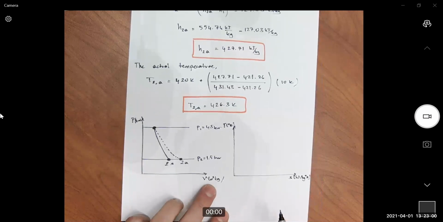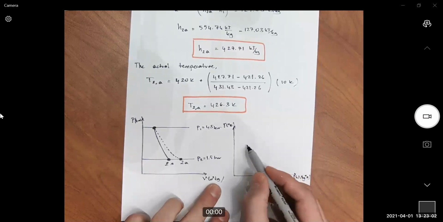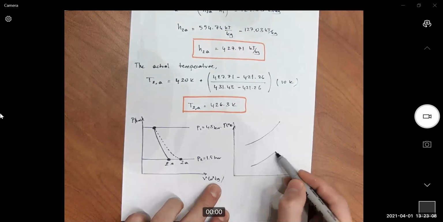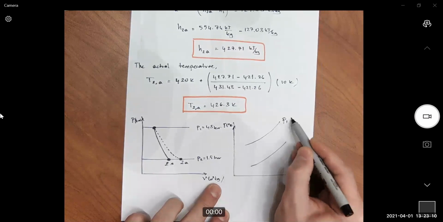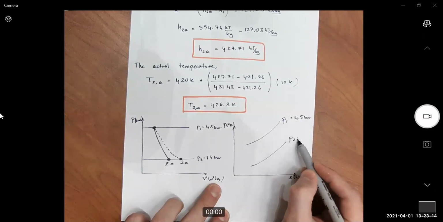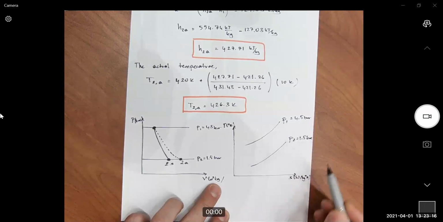All right, the TS diagram, with constant temperature and constant pressure lines, the inlet at 4.5 bar and the outlet at 1.5 bar.